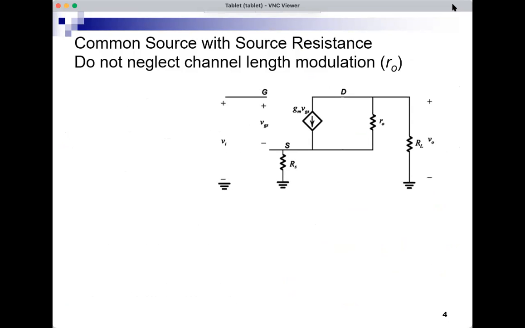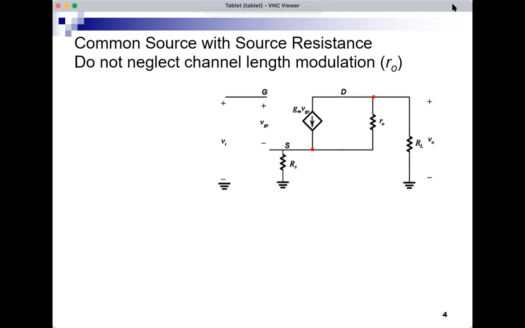RO would appear, as always, between the drain and the source. So my previous circuit, now I modify it and include this additional resistor, small RO between drain and source. And now I need to repeat the analysis.